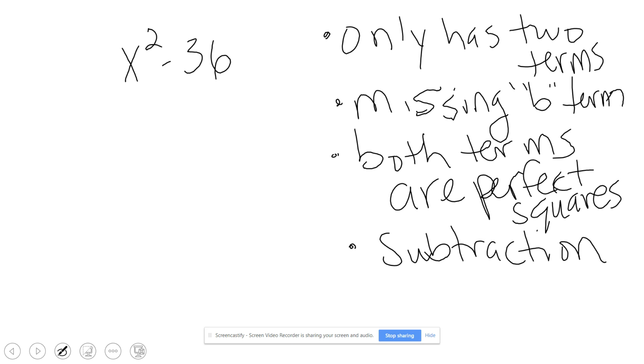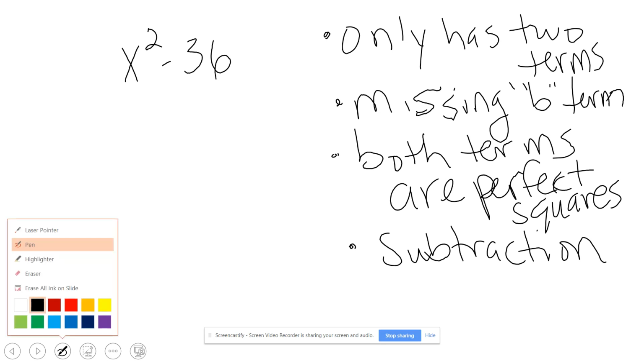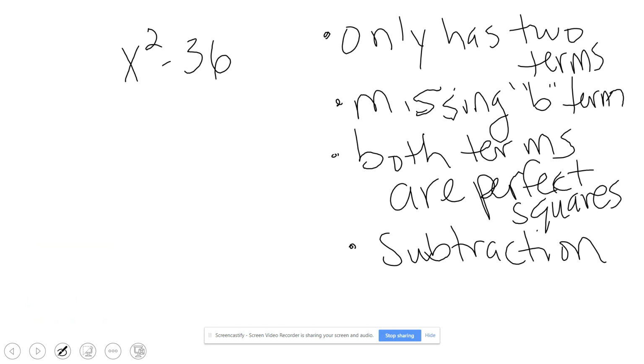So x squared is a perfect square, 36 is a perfect square. They're perfect squares because we can take the square root and not get a negative or a decimal answer. So the shortcut is to take the square root of each term. Now notice I didn't put the subtraction underneath the radical.